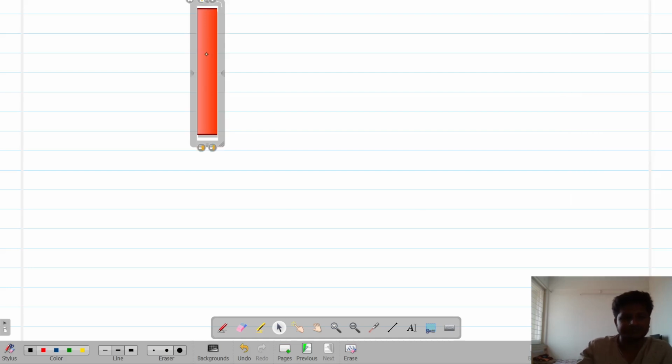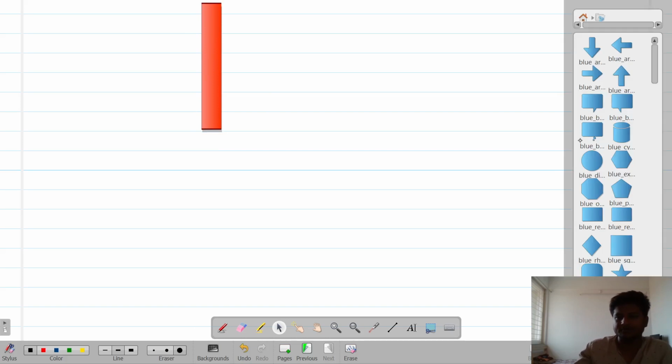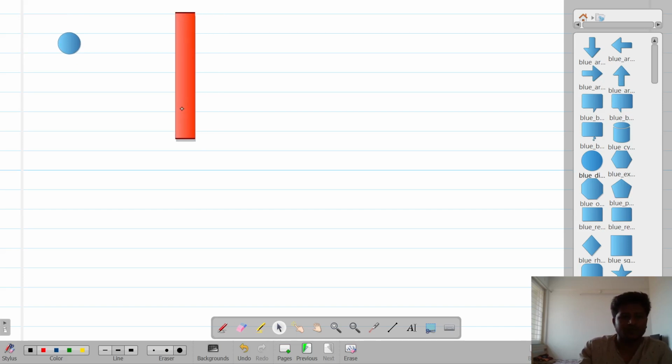Got it? And in front of it, a ball was moving. Got it or not? So this was my big wall, and in front of it, some ball was trying to move.